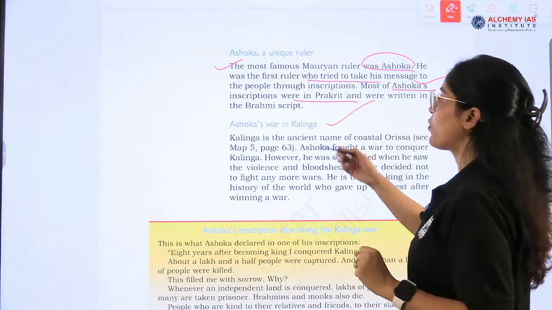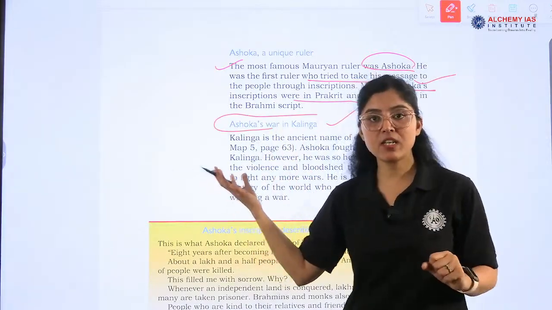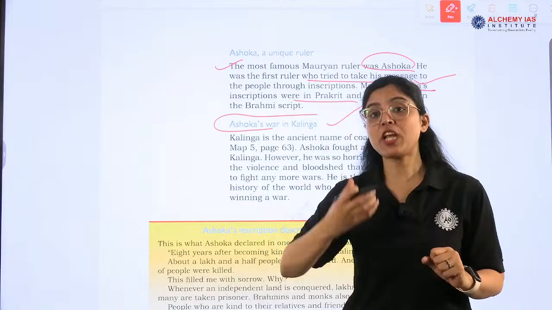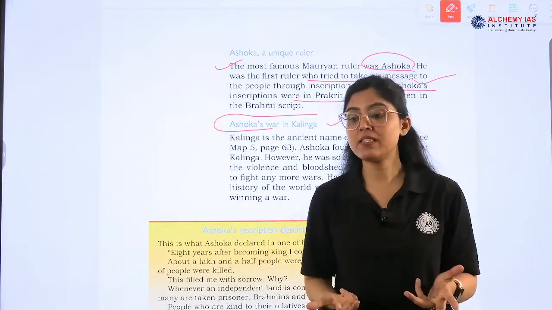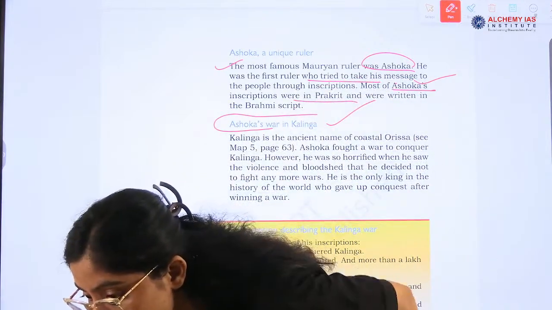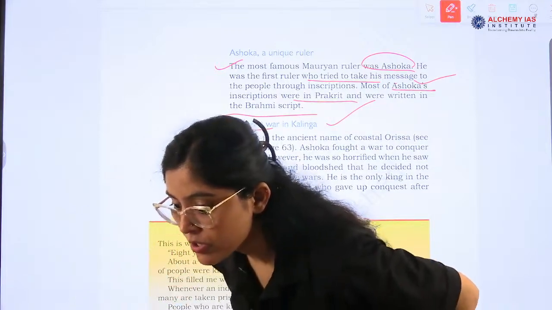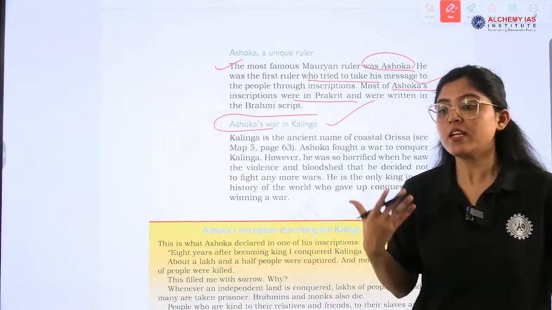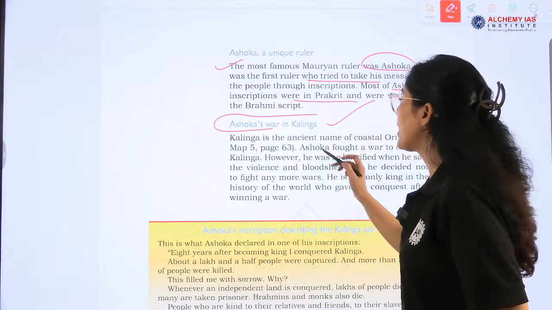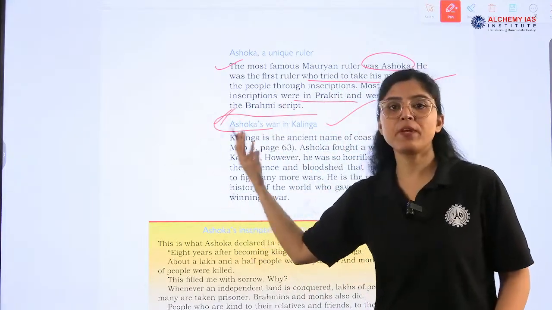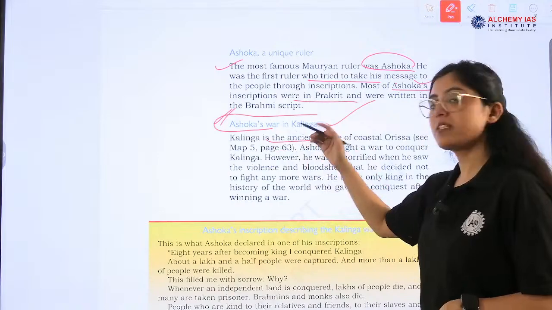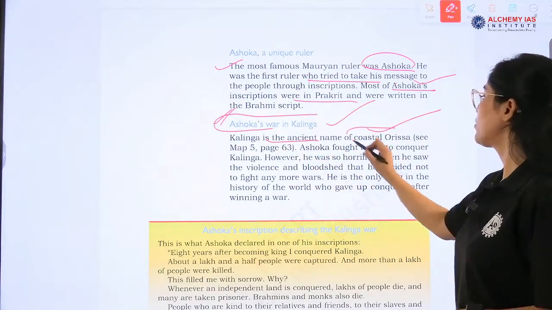Now, Ashoka's war in Kalinga, a very famous event, and it changed his personality, his mindset completely. Hello Ashutosh. So it changed his personality completely. Kalinga is an important chapter in Ashoka's life. Kalinga is the ancient name of Odisha, coastal Odisha.